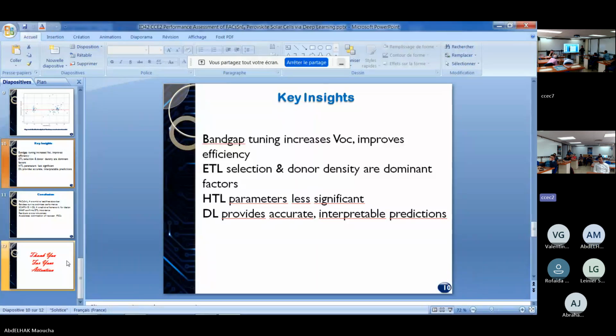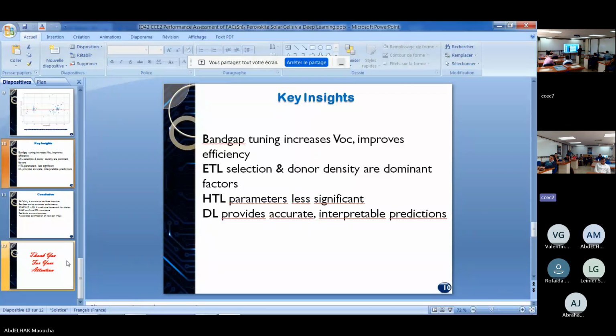You say that the hole transport layer parameters are less significant, and I don't believe that. Unless you have already parameters which are optimized for this layer. But if you have a given conductivity of this layer or a thickness of this layer, you will not get it, and even the defects at the interface will become important.